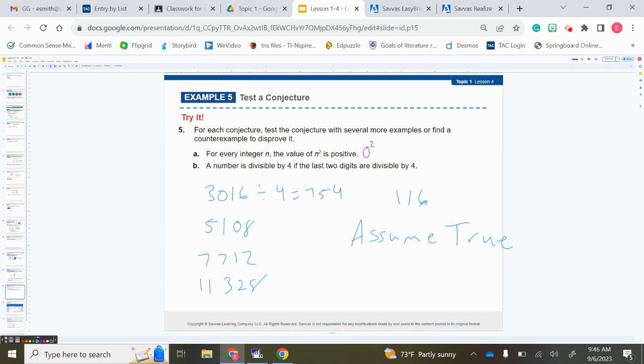All right. Habits of mind. I want you to take a peek at that. It says Tyler says that only one example is needed to prove that a conjecture is true. Do you agree? Take a minute and write down what you think.